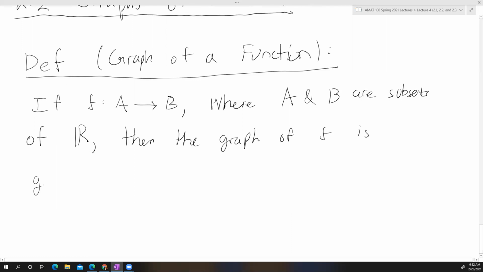I'll just call it graph of f, and it's the set of all (x, f of x), where x is a number in the domain.